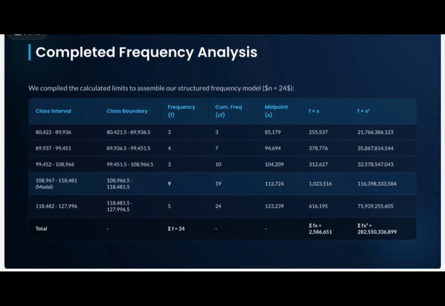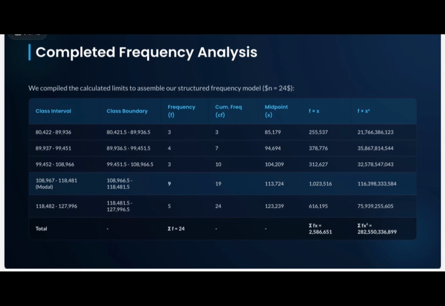Finally, let's look at the culmination of our methodology. The completed frequency analysis is shown in this slide. By applying our calculated class width of 9,515, we assembled 5 distinct class intervals alongside their respective precise class boundaries. Here are the key takeaways from our structured frequency model, where our total sample size equals 24.